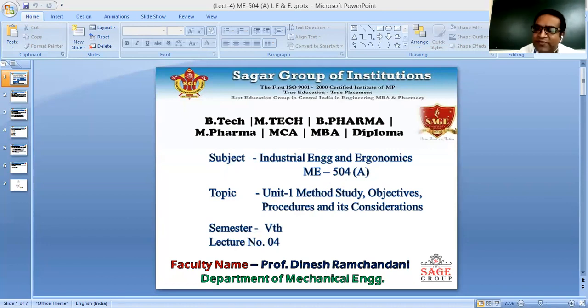It is also sometimes known as work simplification, because we have to simplify the work, or achieve the simplest way of performing the job. Method study helps in knowing two or three things. First, how well our methods utilize the limited available resources like manpower, machines, materials, and money.